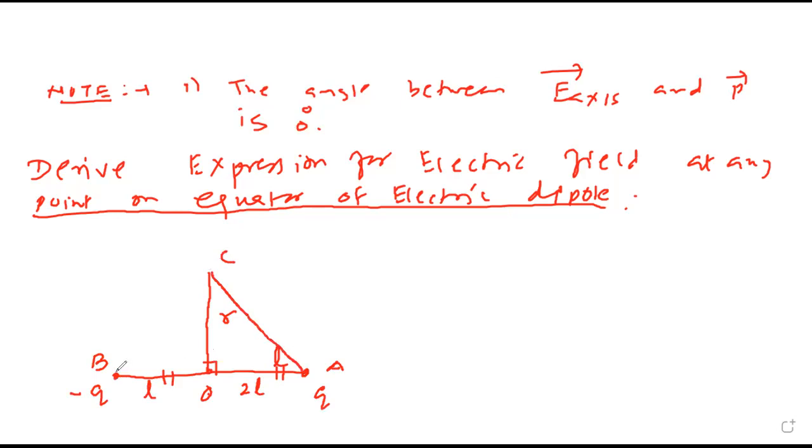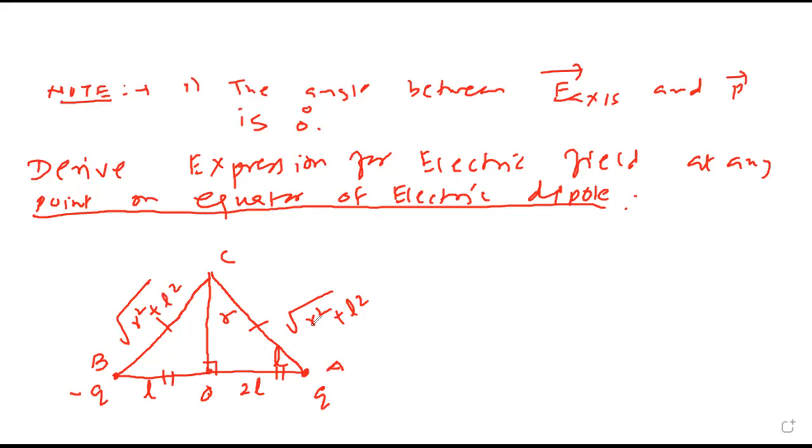Draw AC and BC. What will be distance AC? Is it root of R square plus L square? BC is also root of R square plus L square. So ABC is which type of triangle?